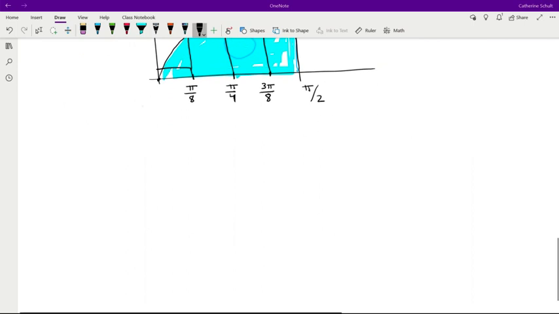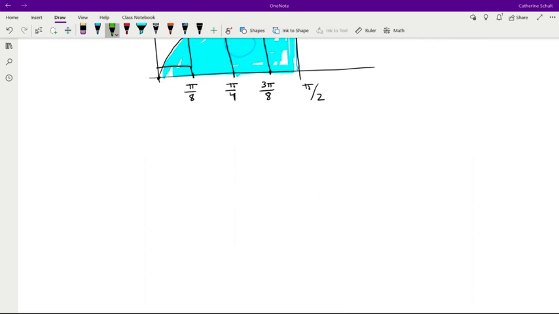All right, so let's write out. Those are actually definitions. That notation appears in your textbook and your homework. So for instance, let's say our 4 rectangles have even width. So in our case, that width is pi over 8.